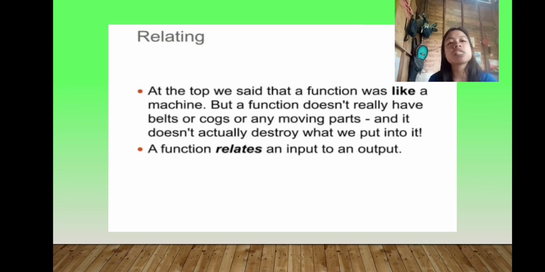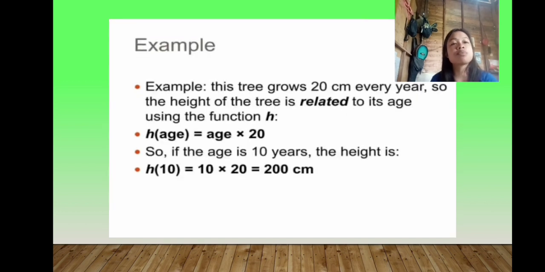Relating. At the top we said that a function was like a machine, but a function doesn't really have belts or cogs or any moving parts, and it doesn't actually destroy what we put into it. A function relates an input to an output.